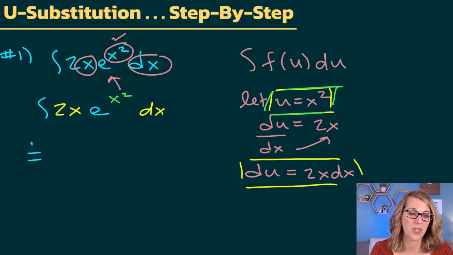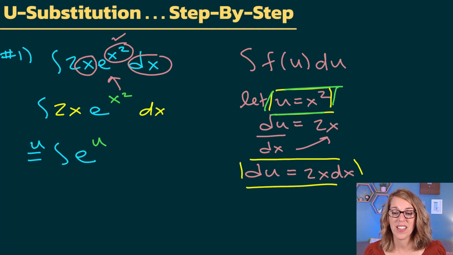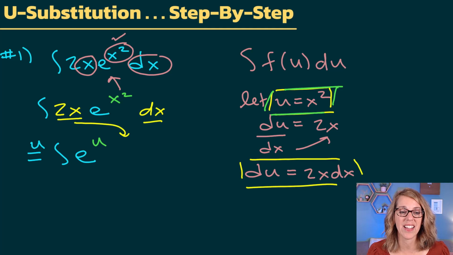So this is equal to, in terms of u, let me go ahead and do the function first. This is going to be e to the x squared. X squared is u. Everything that I've got left, the 2x and the dx, is du. So I'm going to write that as du.